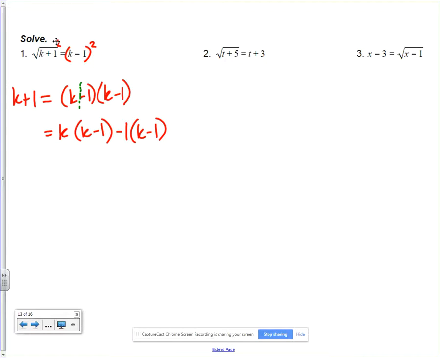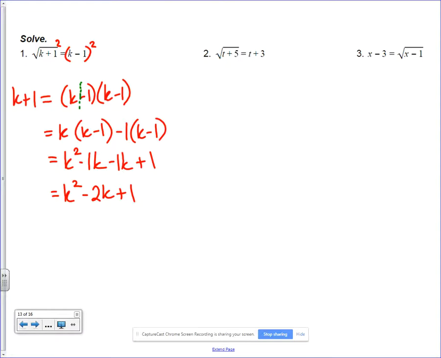Let's multiply now. What is k times k? What's k times negative 1? What is negative 1 times k? And negative 1 times negative 1? Positive 1. If you put your like terms together, I get k squared minus 2k plus 1.